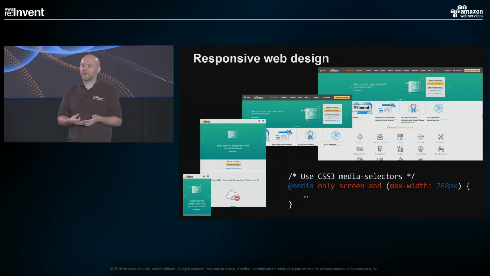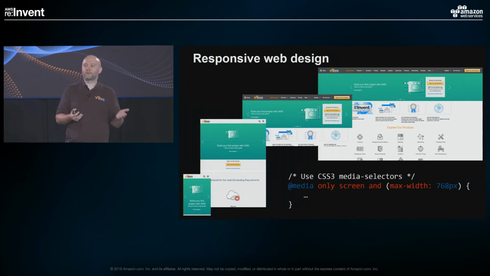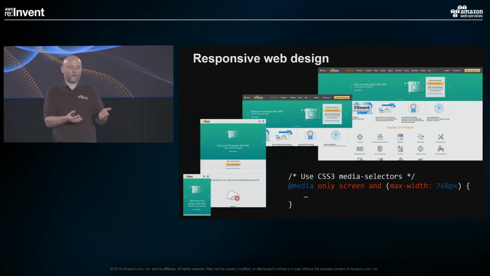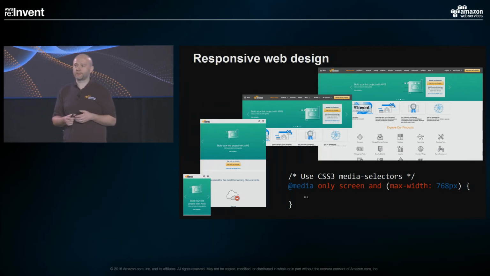But by doing this, we can vary the response perceived by the client. So for this example, this is the AWS homepage. For different devices, it will change the layout of that web page for that particular size of device. And this is all done in the client side. I'm using CSS3 media selectors to actually do this.